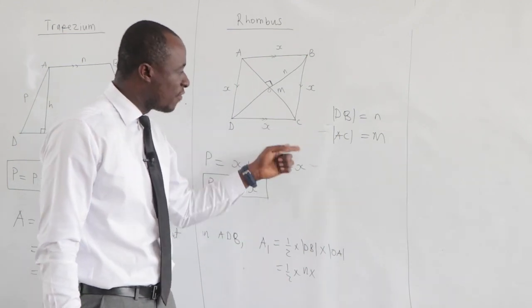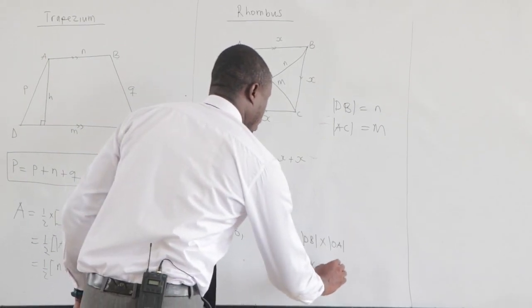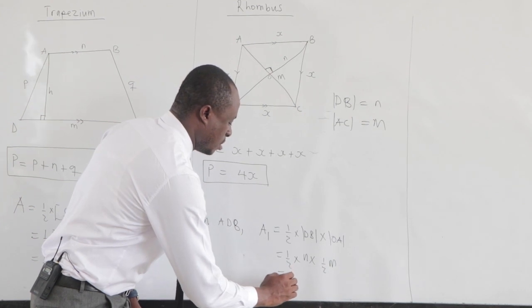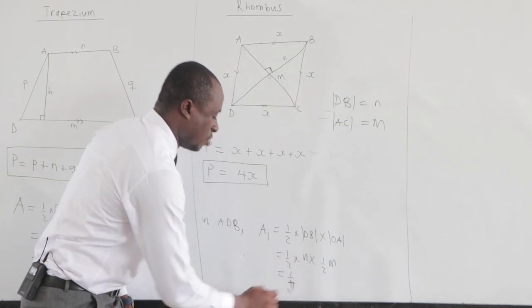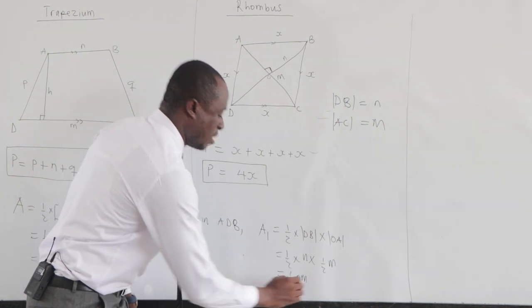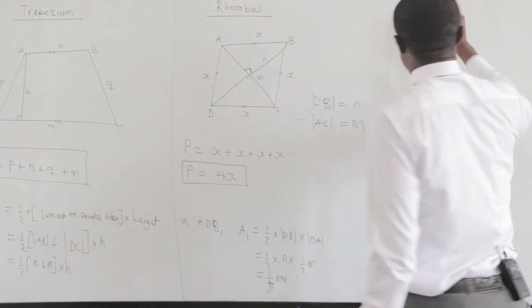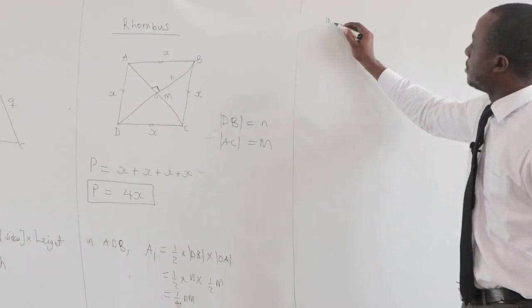So that is half of the M. So clearly this is half M. Now 1 times 1 will give us 1, and then 2 times 2 will give us 4. So you see 1 over 4 NM. N times M, that is NM. That's A1.